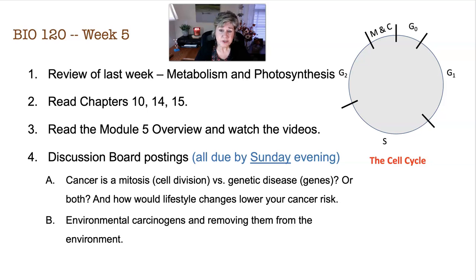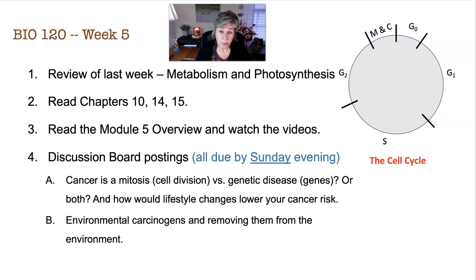They never stop in G0. They don't stop in any of the other phases. If there's something wrong, if they haven't grown big enough, if they don't have the DNA replicated correctly, etc., they just keep dividing. And that is what is troublesome about cancer cells. They just continue to divide.